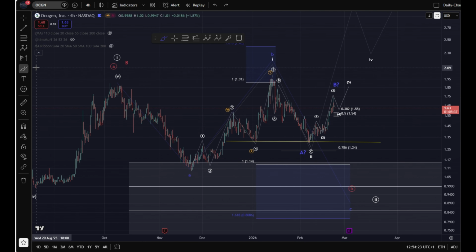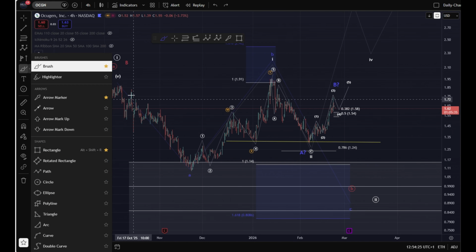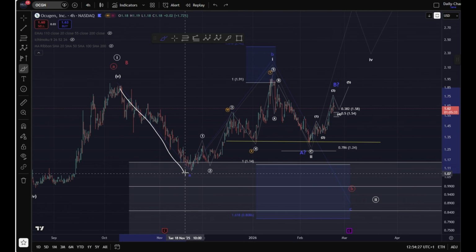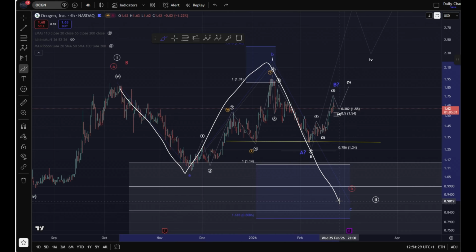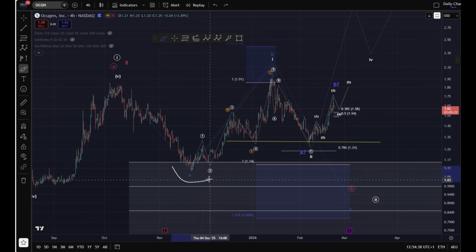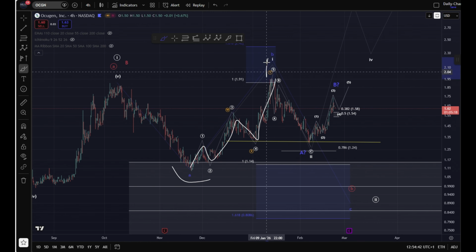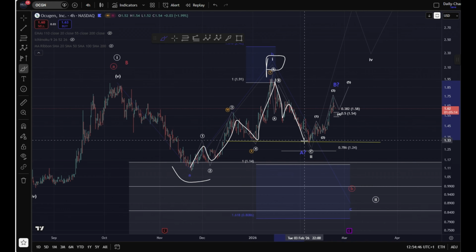For everyone who's new to this channel, I'm currently tracking either in the blue scenario an A, B, C wave, but this needs to be adjusted as well. We do that together today. Or I'm tracking in the bullish scenario that we found a bottom here, got 5 waves in the larger wave 1 to the upside, and saw A, B, C in the subwave structure into the second wave.